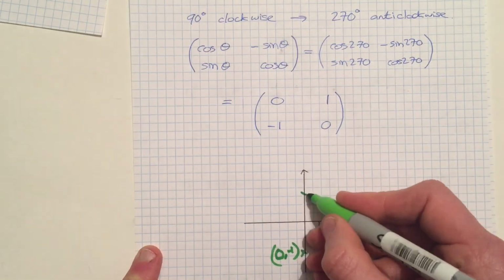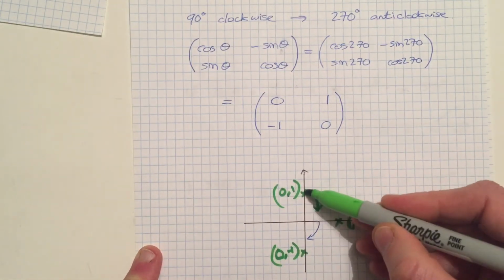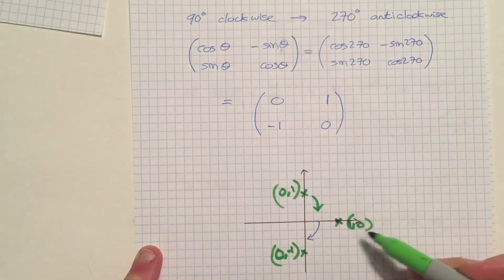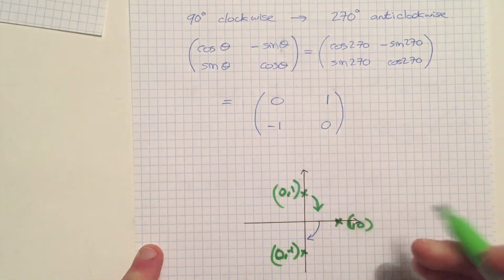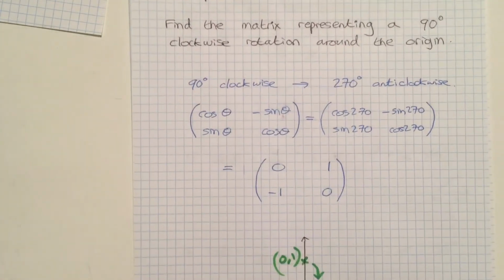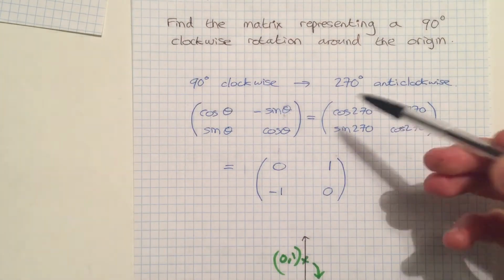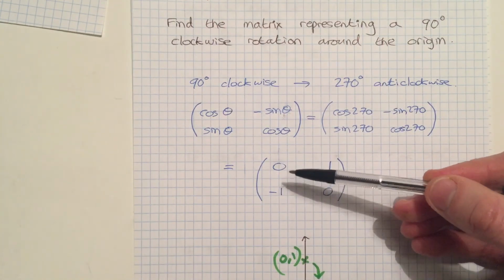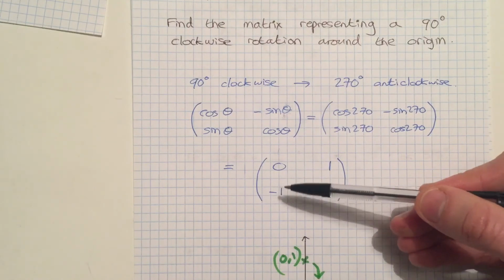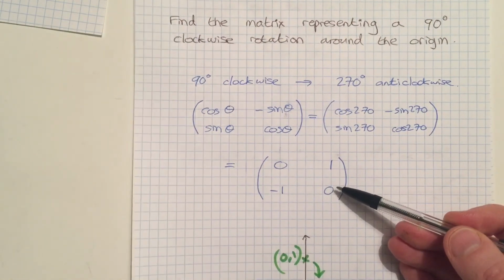And the point that was here at 0, 1, that would rotate 90 degrees clockwise to be here at 1, 0. So this should also make sense in the context of what I was saying at the beginning of this video, where this represents the image coordinate of the point 1, 0, and this represents the image coordinate of the point 0, 1.